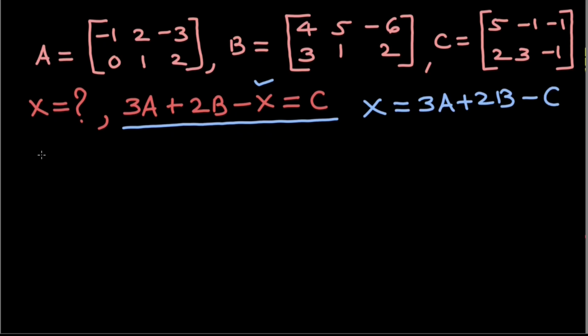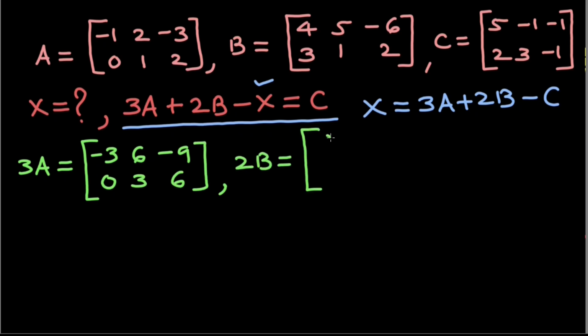Next we find 3A, which will be minus 3, 6, minus 9, 0, 3, 6. 2B will be 8, 10, minus 12, 6, 2, 4.